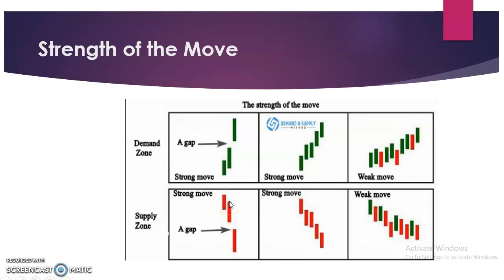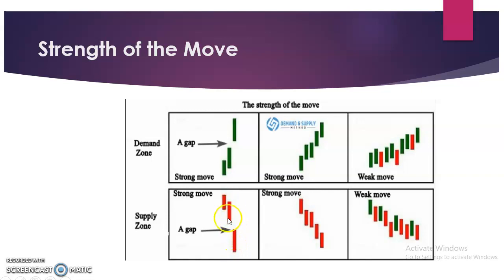Now there is an institutional order that came with so much urgency that the market has to shift quickly from this particular price and jump ahead, in order to fill that institutional order very quickly.